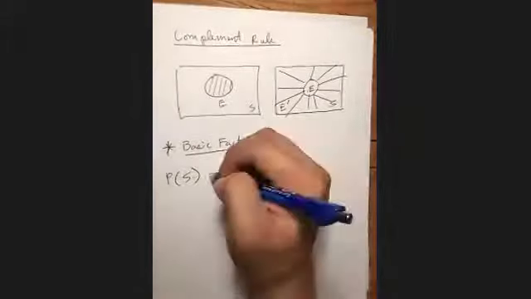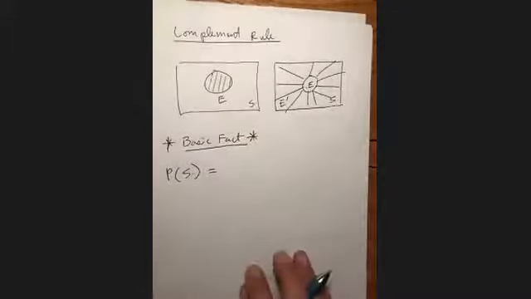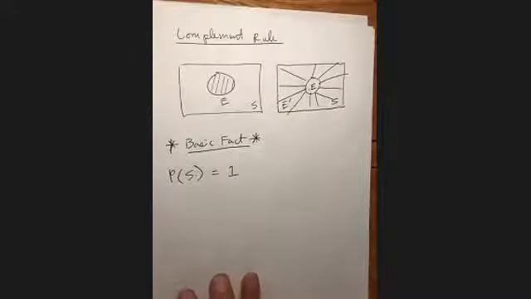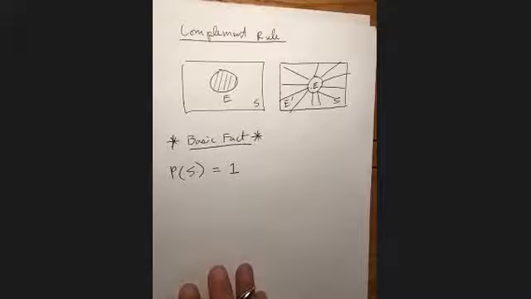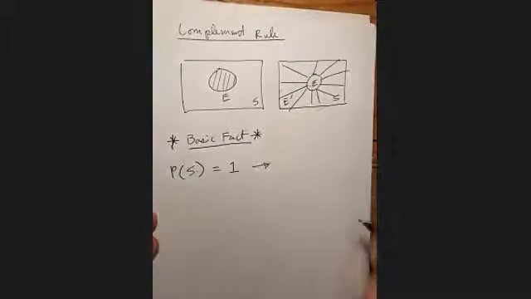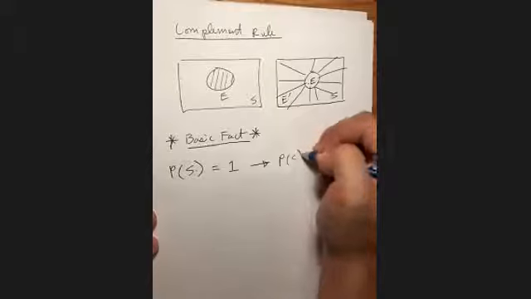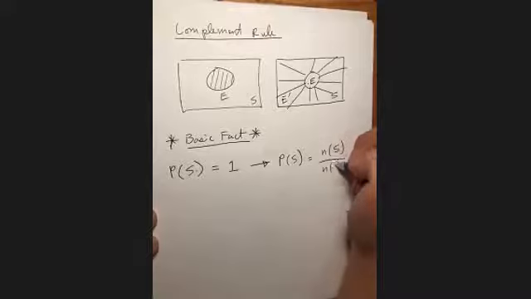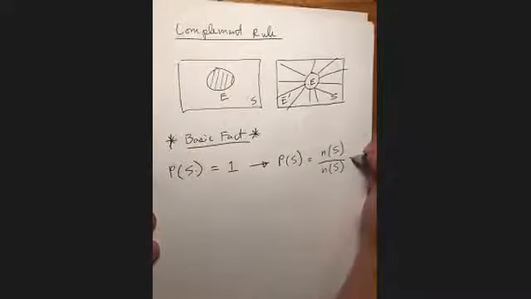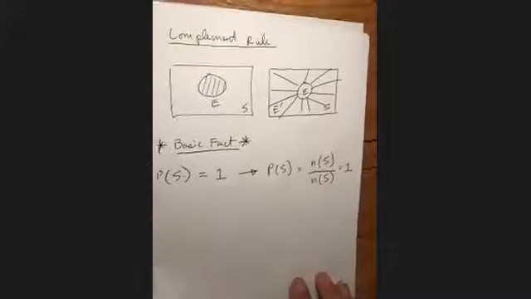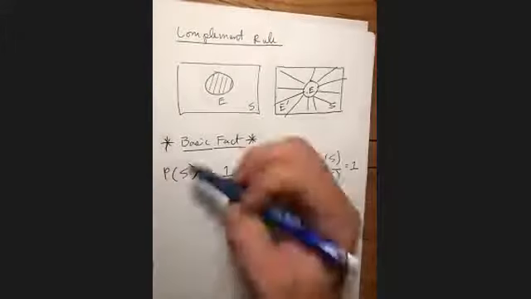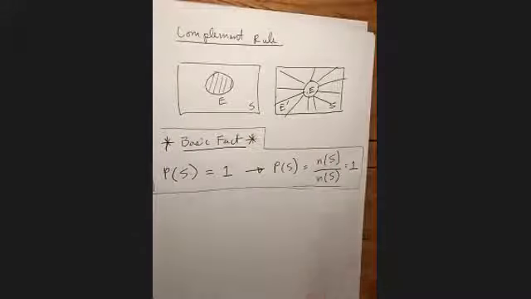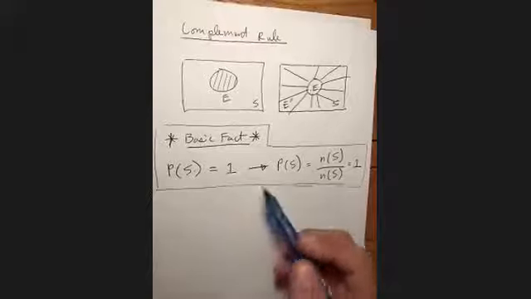So the probability that anything will occur within the set of all possibilities should be 1. We have 100% chance of something happening. We can see this in another way, that the probability of S by definition should be the cardinality of S over the cardinality of S, which clearly is 1. So this is a basic fact that we can use when we're calculating the probability of a complement.